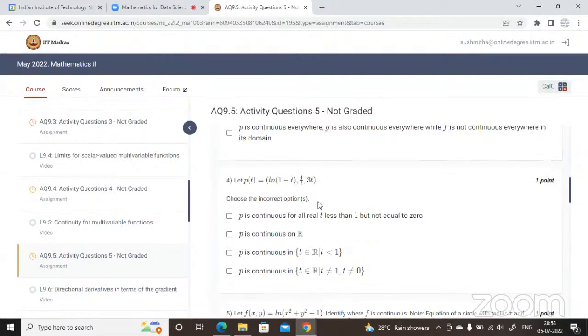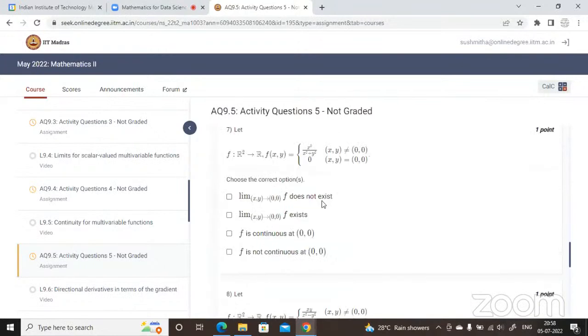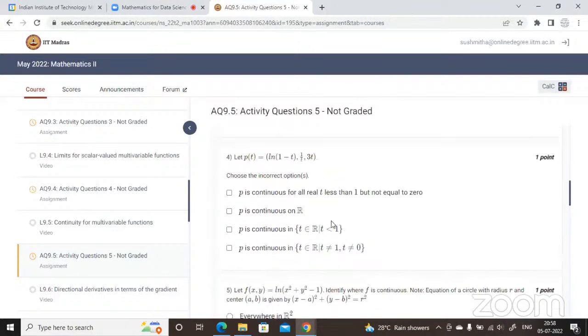Ma'am, could you explain question number 9 of that activity? So whoever asked question 4, is it fine? It's a vector valued function, so you have to check where each component is continuous, and then you take the intersection. That portion is where the entire function is continuous.